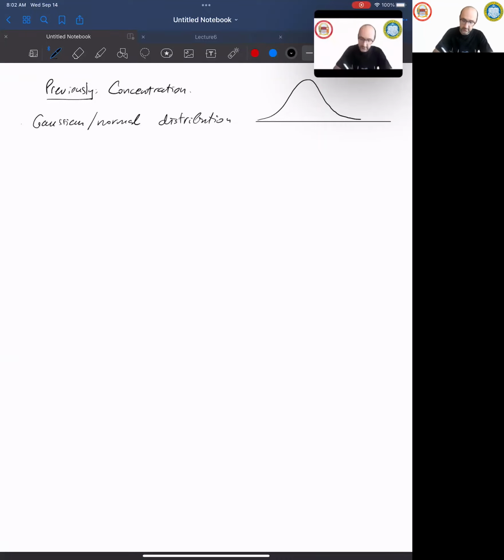Why is it nice? It's particularly nice in the useful way for statisticians because it concentrates tightly. It means that if G is normal, let's say with mean 0 and variance 1, then it concentrates tightly around its mean, which is 0 in this case.